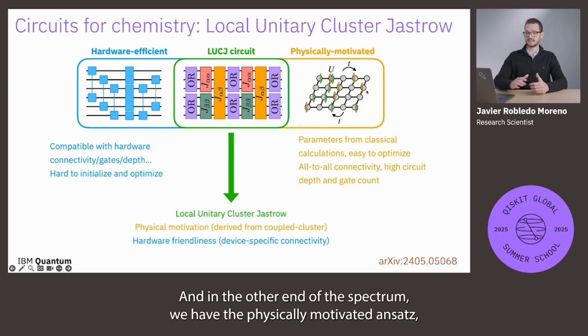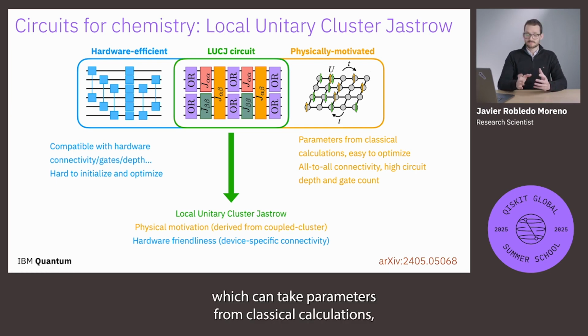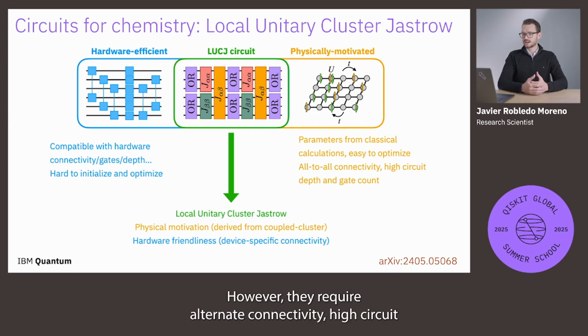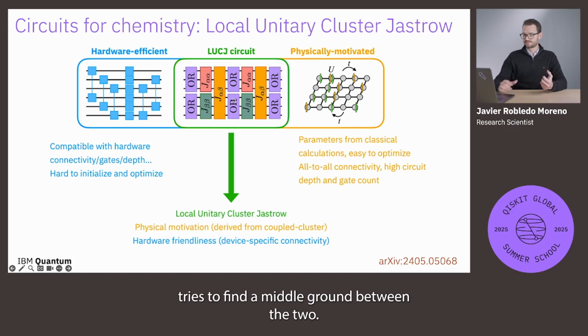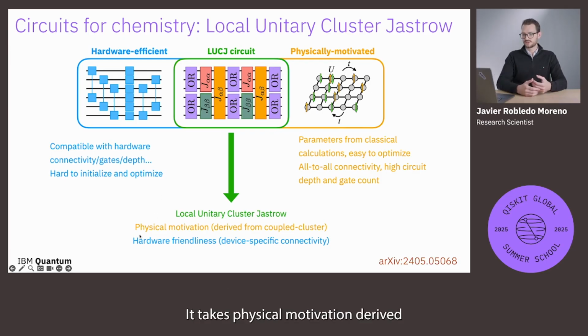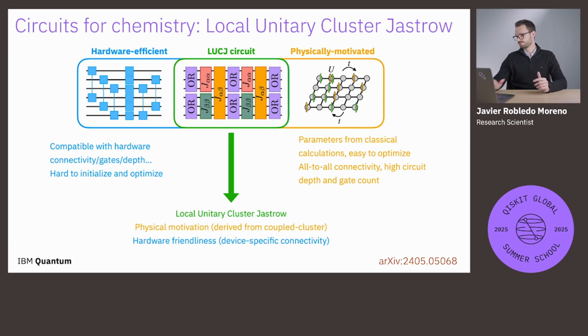And on the other end of the spectrum, we have the physically motivated ansatz, which can take parameters from classical calculations, and they tend to be easier to optimize. However, they require all-to-all connectivity, high circuit depth, and gate counts. The local unitary cluster Jastrow circuit tries to find a middle ground between the two. It takes physical motivation derived from unitary coupled cluster and hardware friendliness by imposing device-specific connectivity.